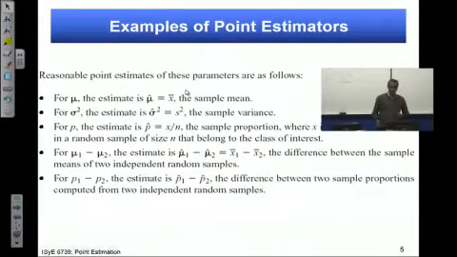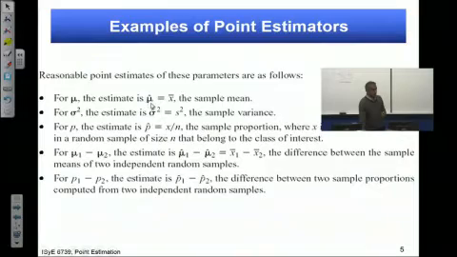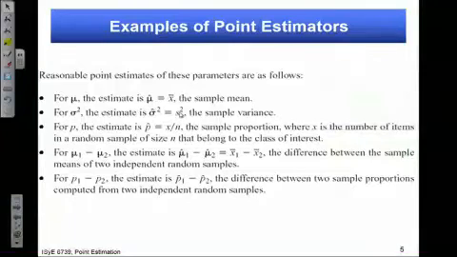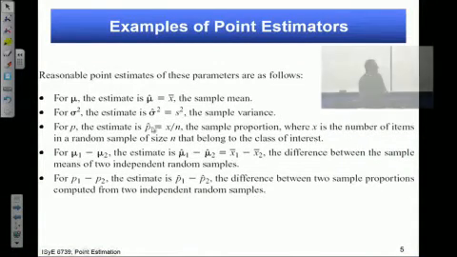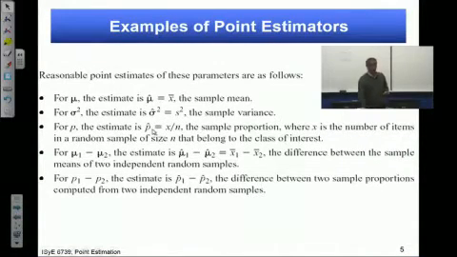Let me give you some examples of point estimators. For a normal population, what is the estimator for mu? X bar. What is the estimator for sigma squared? S squared, which is the sample variance. What about the Bernoulli distribution or binomial population, where you have either 0 or 1? It's working or not working.